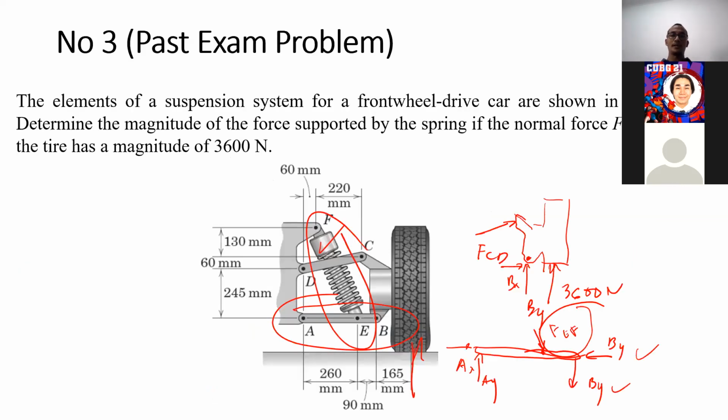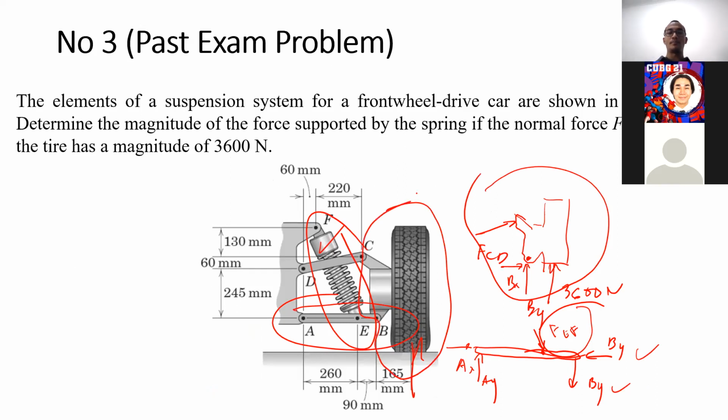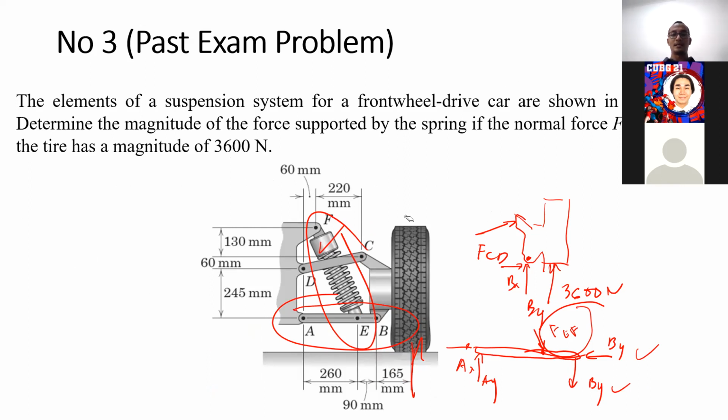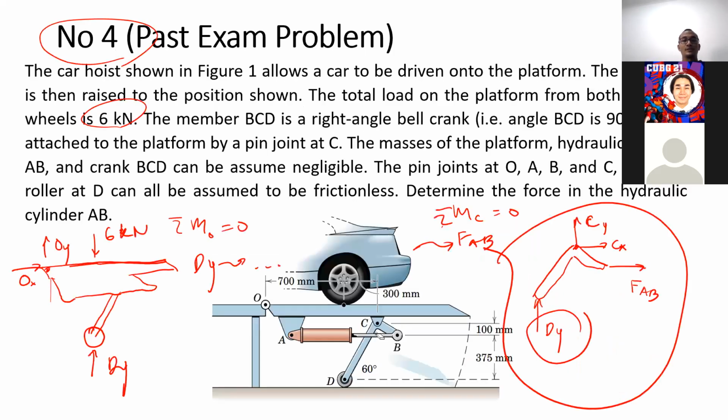For example, in this one, we solve for BC, because it's a non-two force member, draw its free body diagram, and then the member AEB, because it's a non-two force member, one by one, to solve for FEF. But for number 4, instead of solving the non-two force members one by one, what we do here is solve the whole free body diagram.